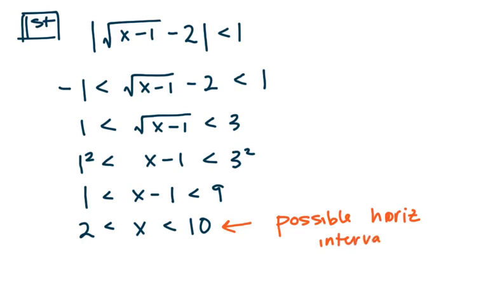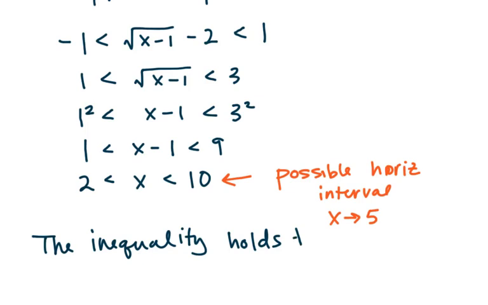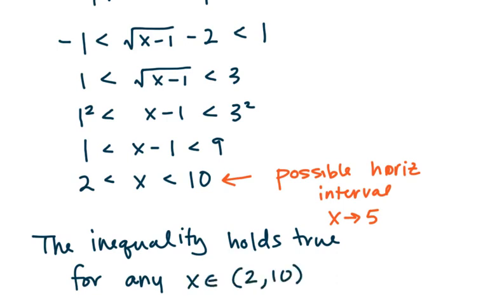Okay? Now, what number were we approaching? We were saying as x approaches my c value, which is 5. So basically what we're saying here is that the epsilon inequality holds true for any x that's between 2 and 10.